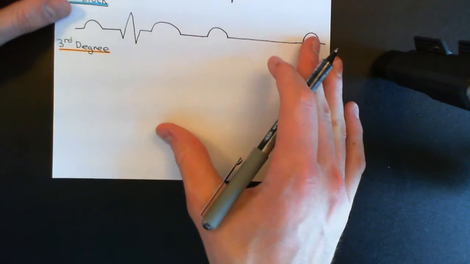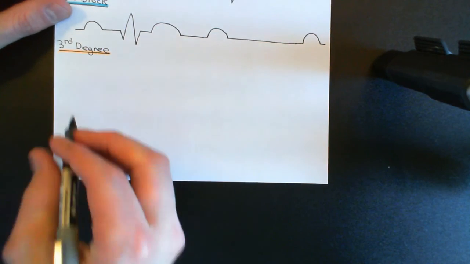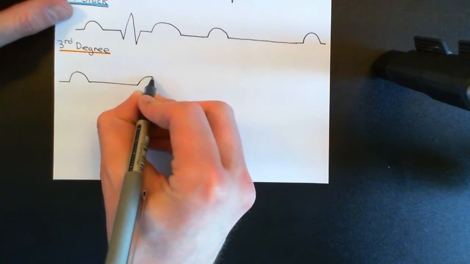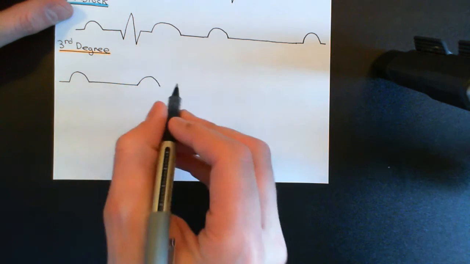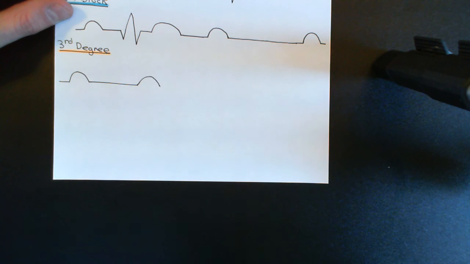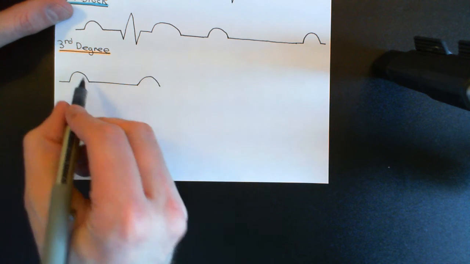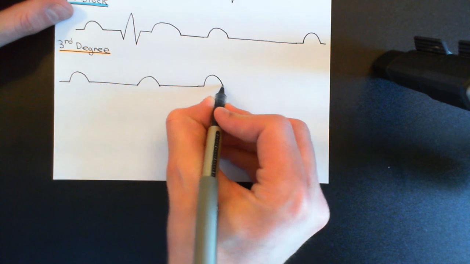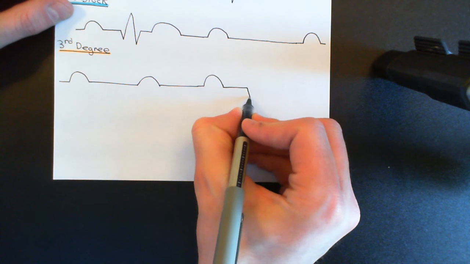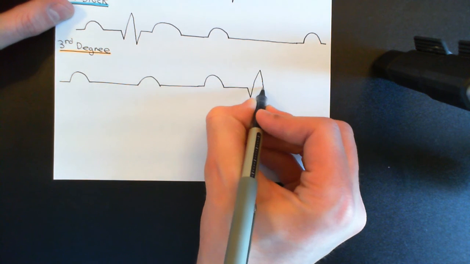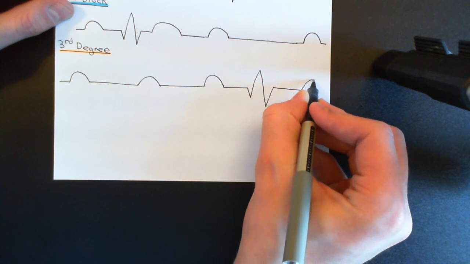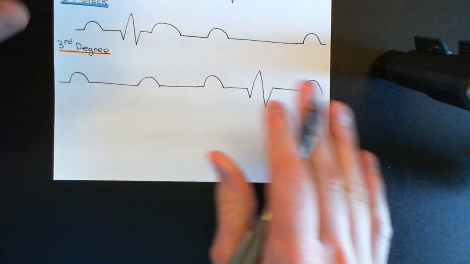So what you end up seeing on an ECG trace is P wave after P wave after P wave, because the sinoatrial node is sending out electrical signals and causing atrial depolarization. So here we have lots of P waves, and then occasionally dotted around the place you'll have a QRS complex, because the His-Purkinje system has successfully generated an electrical signal. But they will be rare, they will be just dotted around.